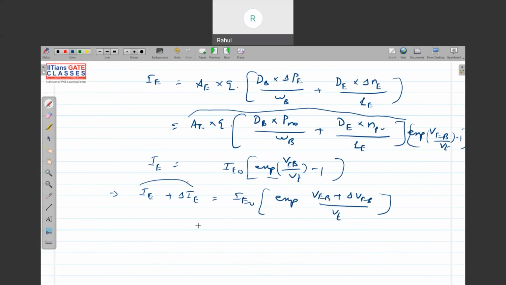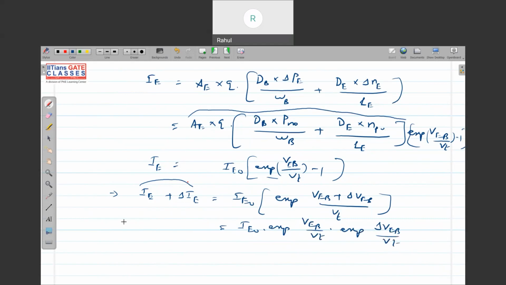Now we know IE0 into exponential of VEB by VT into exponential of del VEB by VT.